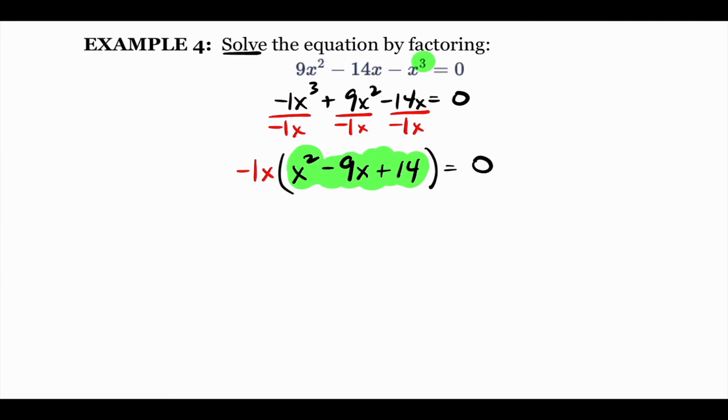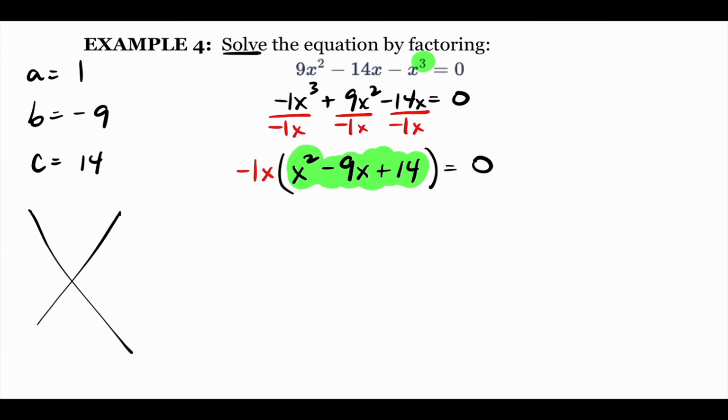Step 3, ABC. We've done this before many, many times. So now what's on the inside, I'm going to do ABC. Multiply to be 14, add to be -9.